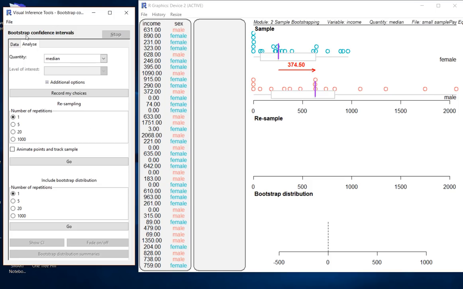So the first thing that this module does, it takes the sample that you import, and it says, okay, let's assume that that sample is representative of the population. And so we will use that sample and we will repeatedly resample this group as though it were the population.